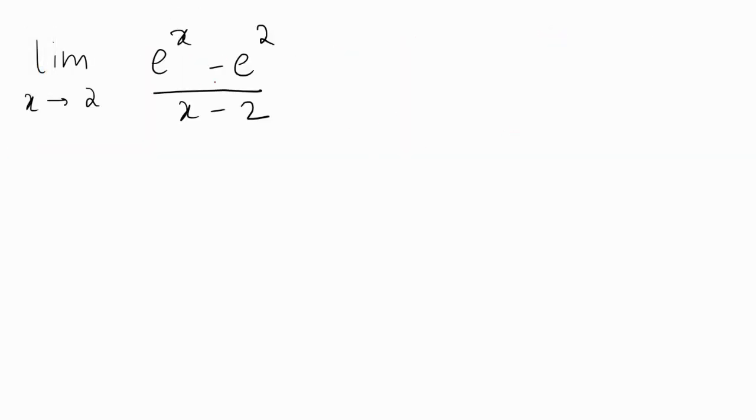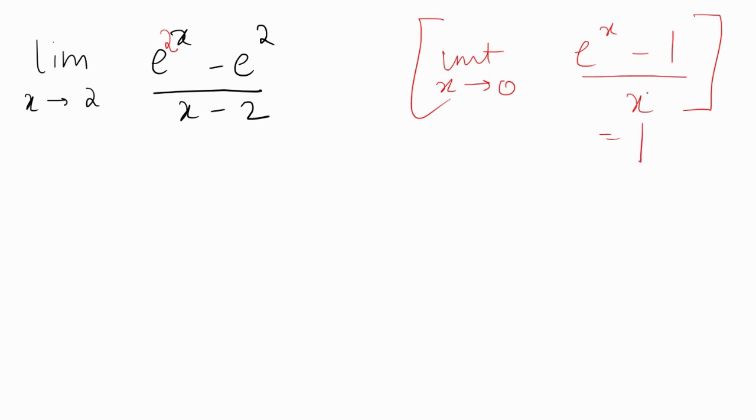Next sum: the limit of e to the power x minus e to the power 2, divided by x minus 2. I'm sorry, I wrote the wrong thing at first, but this is actually e to the power x minus e to the power 2 by x minus 2. Again, e is there, so you know one thing: you have to bring it in this form, where this is equal to 1.